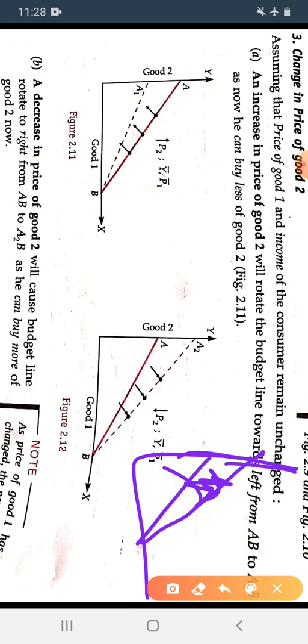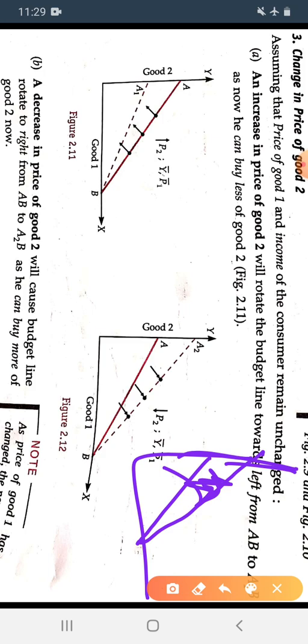Because when the price of any good increases, we consume less of that product, and when the price of that good decreases, we purchase more of it.